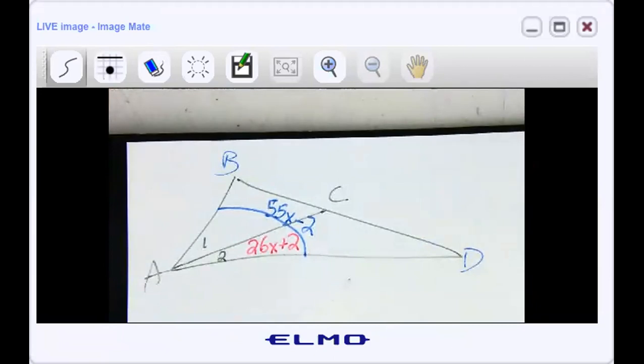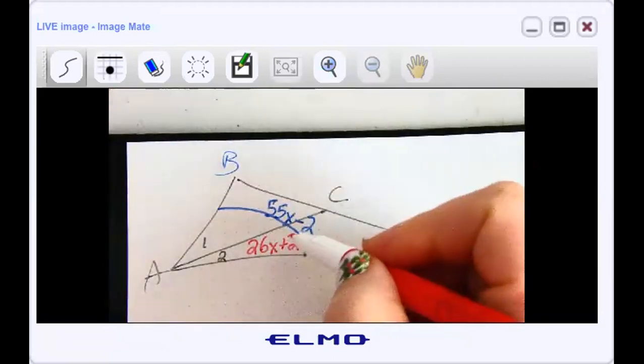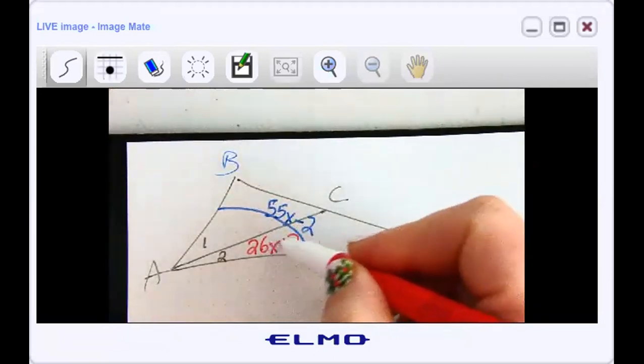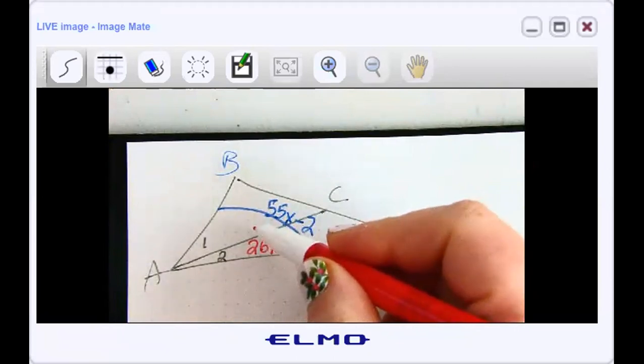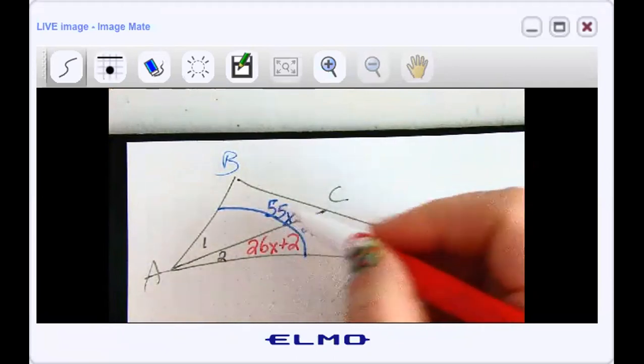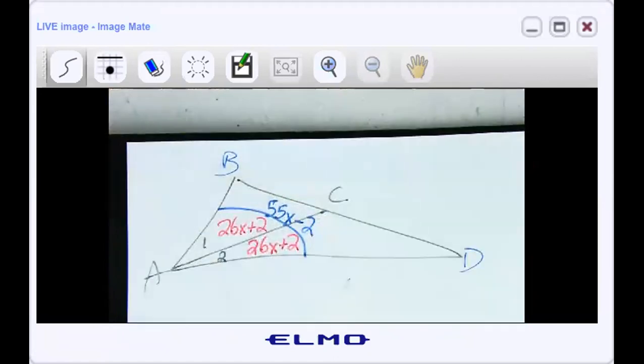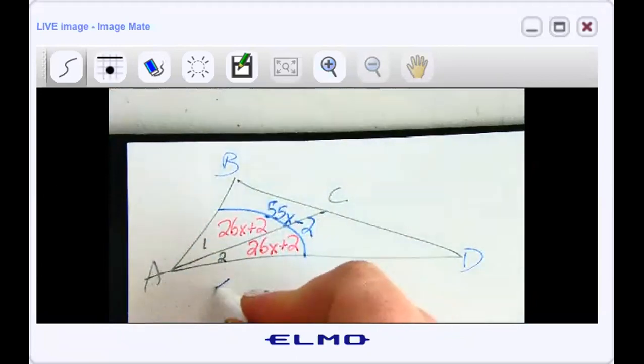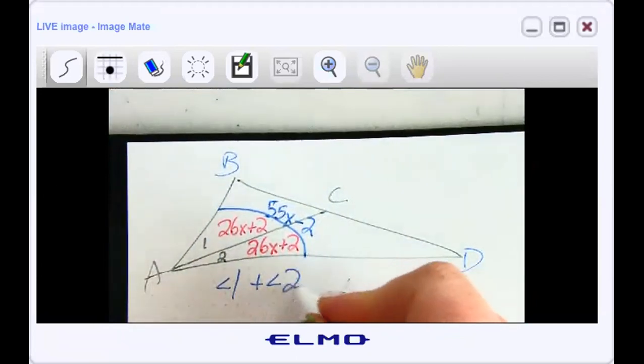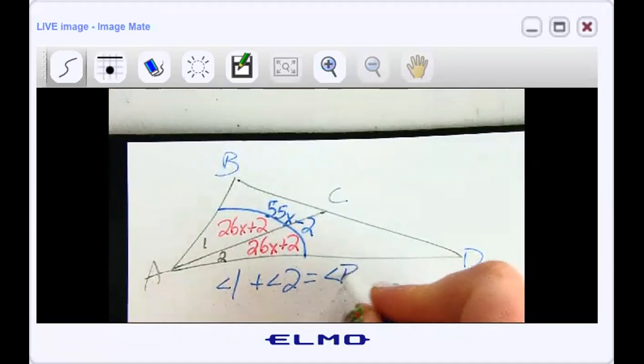All right, so same thing's happening. I only have a value for angle 2 and not angle 1, but because AC is an angle bisector, that means this one's the same. So I'm going to go through those same steps that we talked about before. Angle 1 plus angle 2 together should get me the whole angle, BAD.